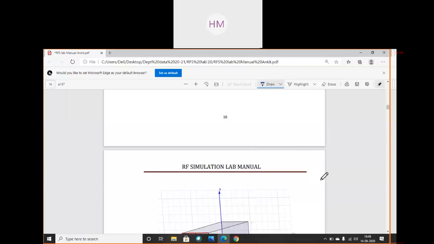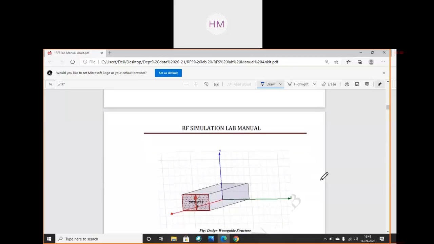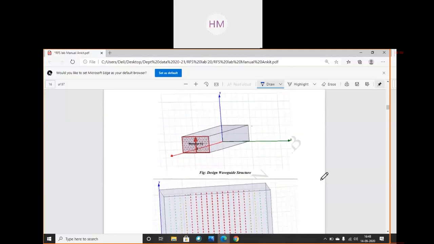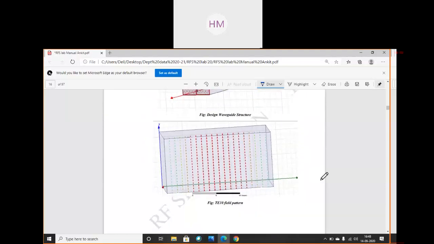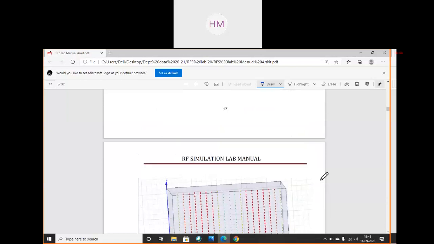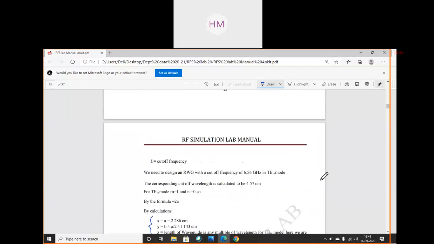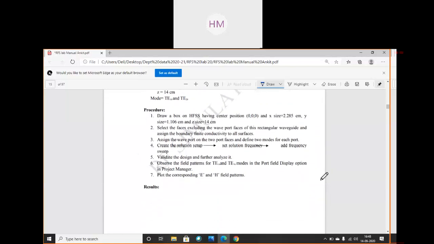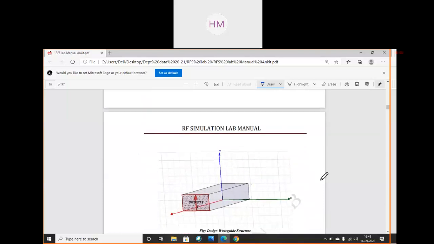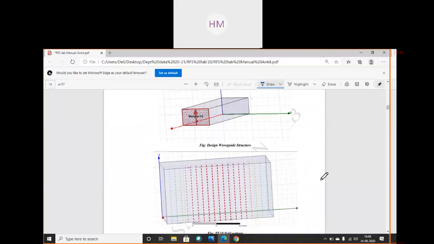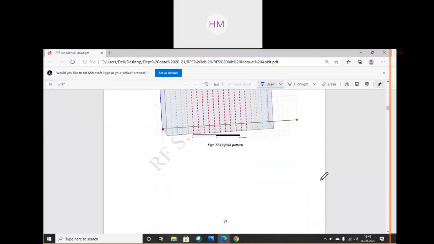And today I will try to check the assignment question number 5. So you written all the steps. Waveguide structure you can draw by hand also.